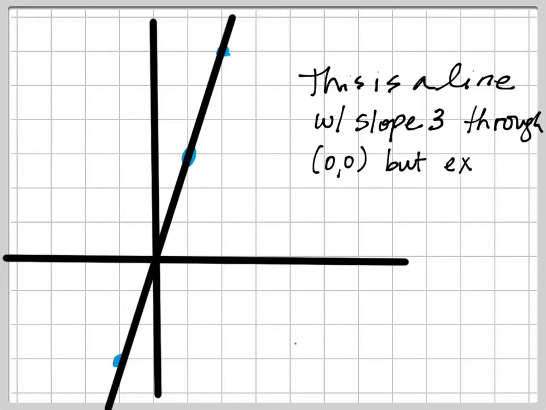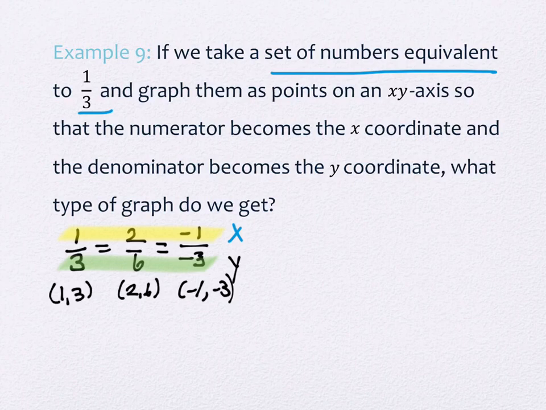but excludes it. And I want to show you why. The ordered pair of the origin is 0, 0. Does 0, 0 fit into these equalities? It doesn't. So we originally set up to only use values that have the same fraction equivalence, and 0, 0 doesn't do that.